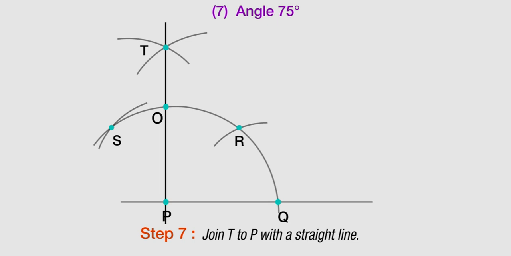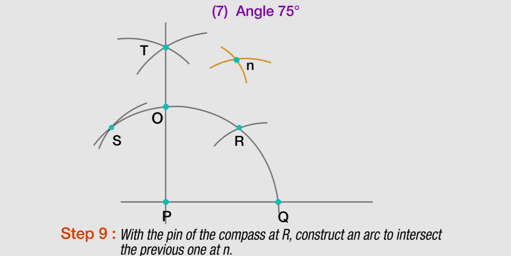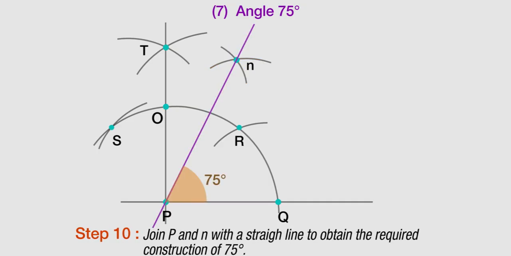Now with the compass point at O, draw an arc. With the compass point at R, draw another arc to intersect the previous one at N. Join P and N with a straight line and obtain the required construction of 75 degrees.